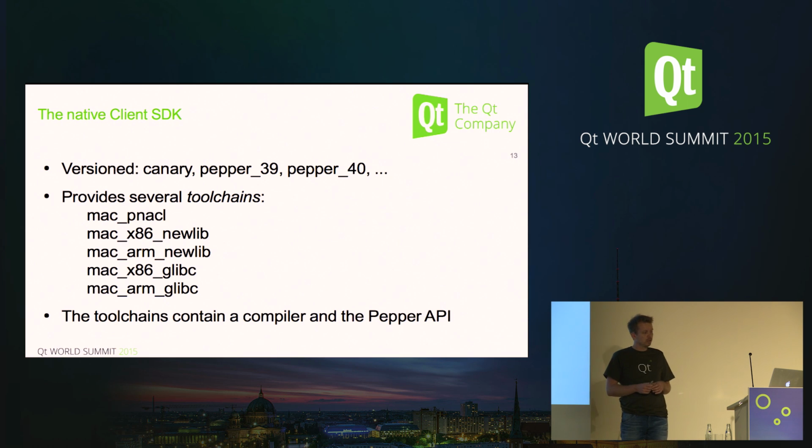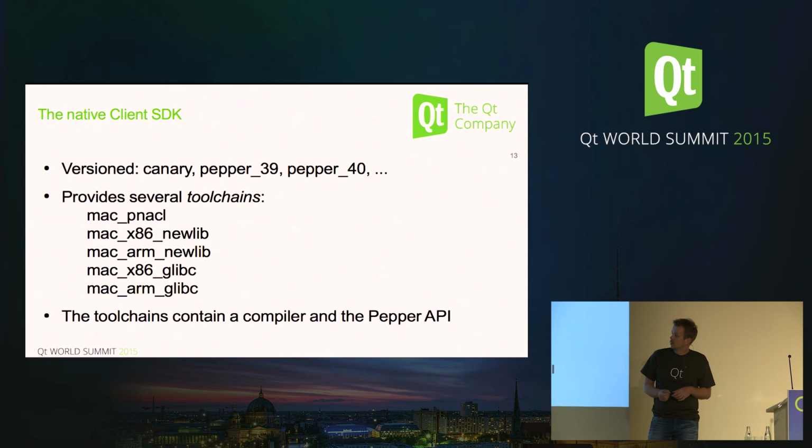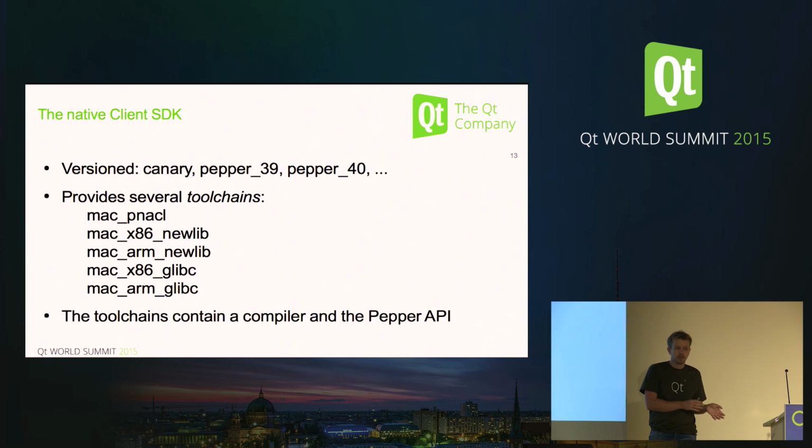And the SDK provides several toolchains. The top one here is the portable native client toolchain. And then there are several native client toolchains, and these target a specific CPU architecture. The Mac in front there, that's the host.